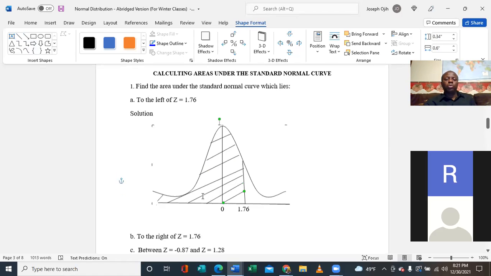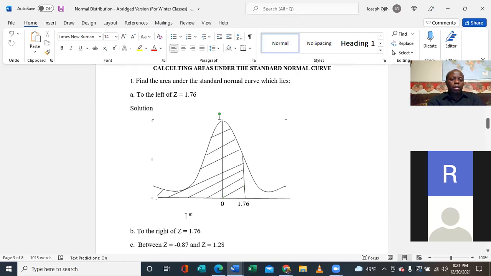Now, next thing to do is we're looking for the area. The area equals, now look at the procedure table for a shape that looks like this one. This is the procedure table right here. I opened it, it's together with this one.